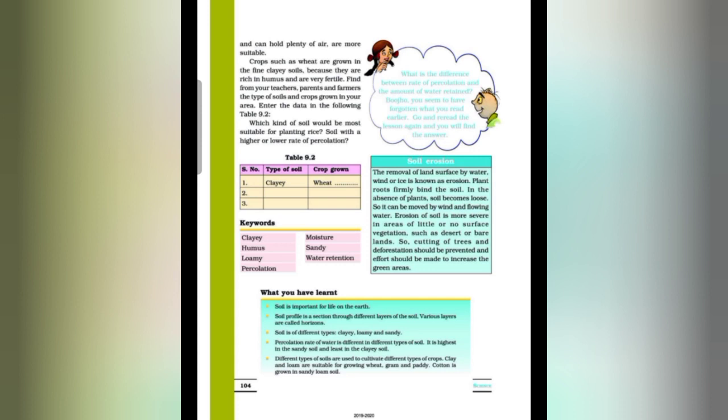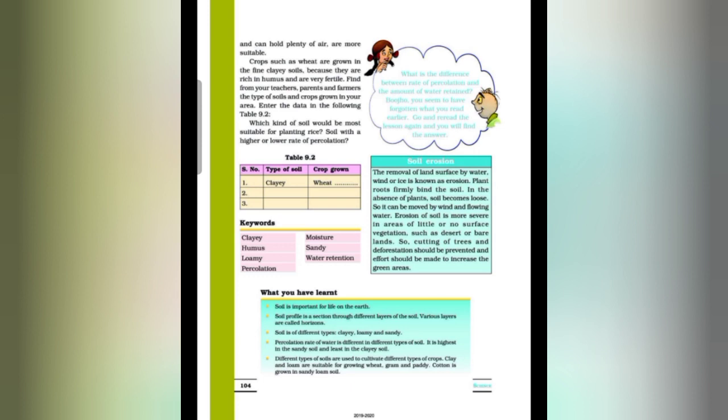We should also prevent soil pollution by proper treatment of industrial waste, proper solid waste disposal and reducing the use of fertilizers and pesticides. So we have to protect the soil from soil pollution and from soil erosion.